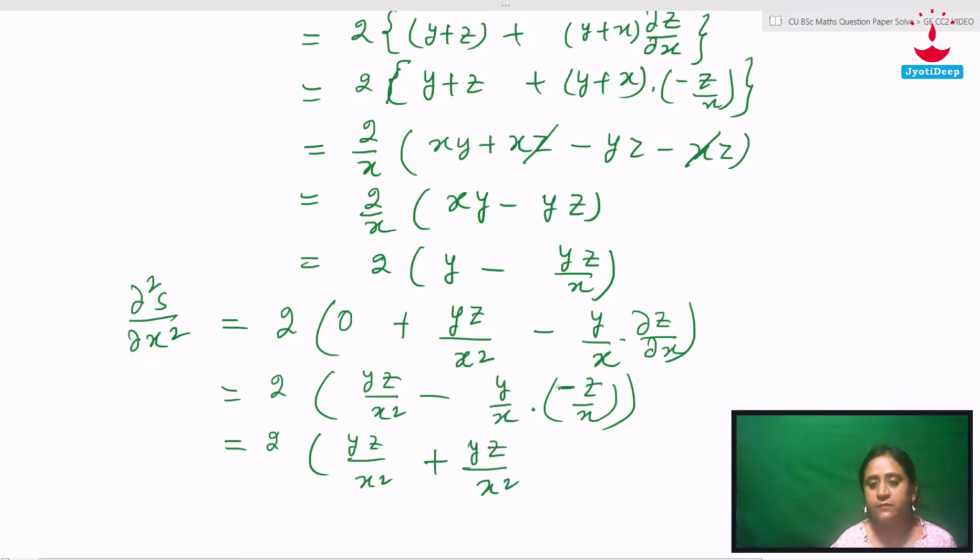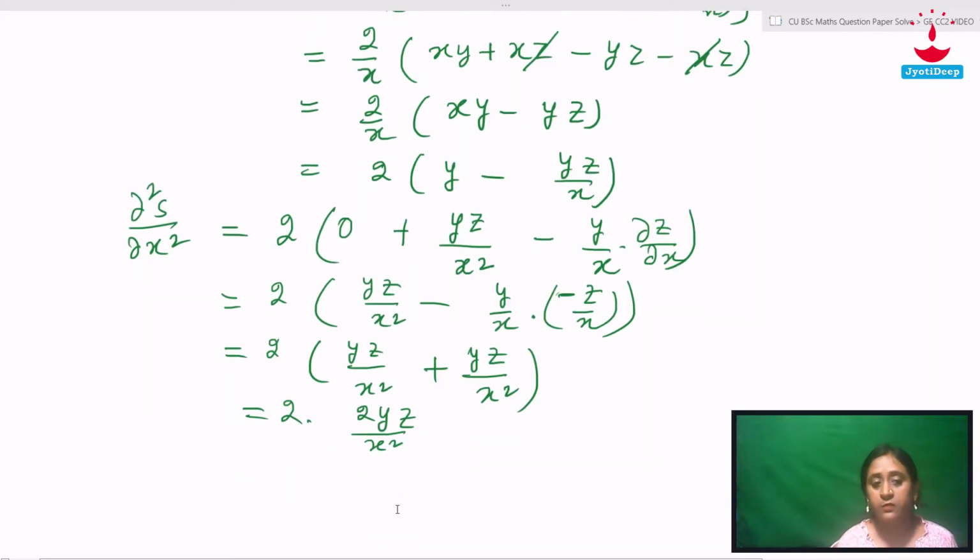So it will become 2 into 2yz divided by x square. So finally we got 4yz by x square.